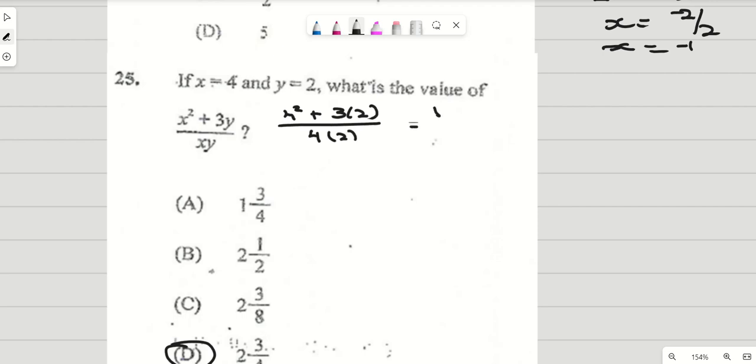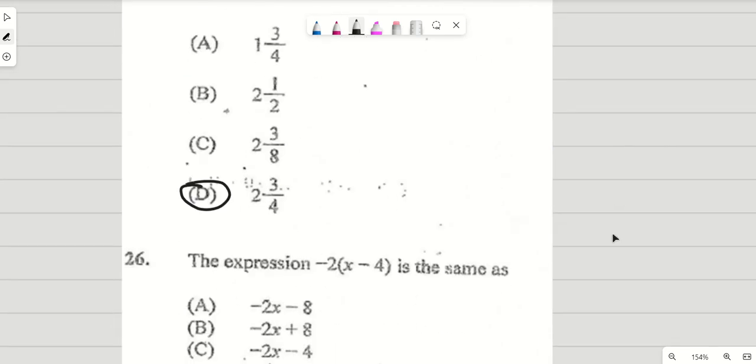So this would be 16 plus, no, 3 2s are 6, plus 6, all divided by 8, which is 22 over 8. 8 could go into 22 2 times, remainder 6 over 8. 6 over 8 is reduced: 2 could go into 6 3 times, and 2 could go into 8 4 times. So it'll be 2 and 3 over 4, which is D.